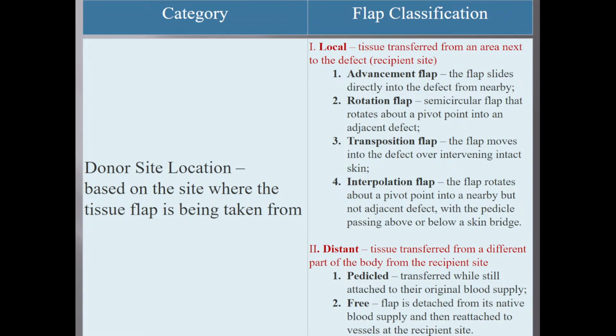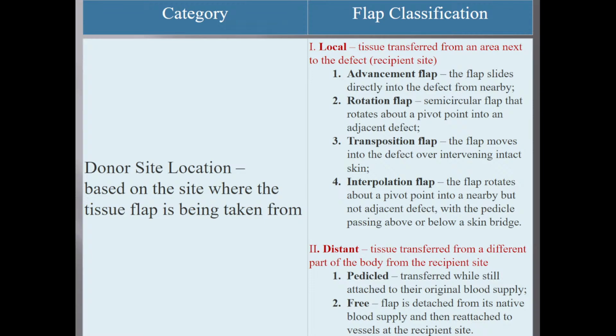And the next classification is the donor site, based on the site where the tissue flap has been taken from. Here you can see that they can be local and distant. What is local? It's tissue transferred from the area next to the defect or recipient site.